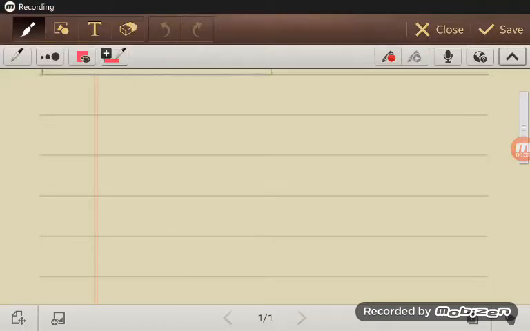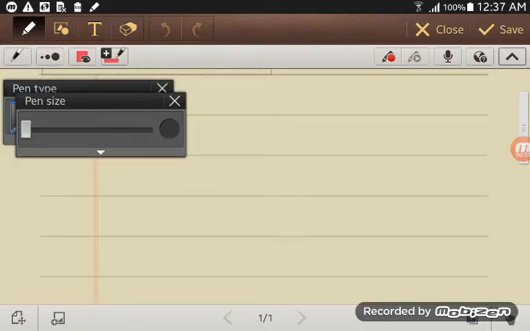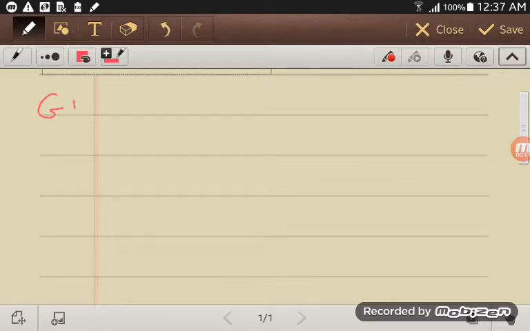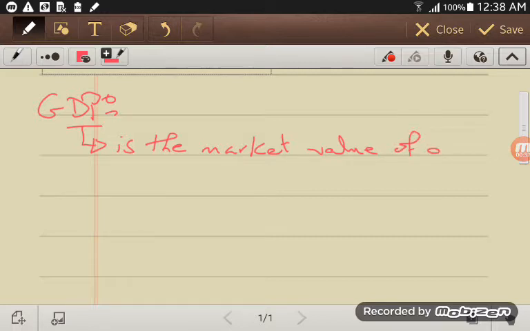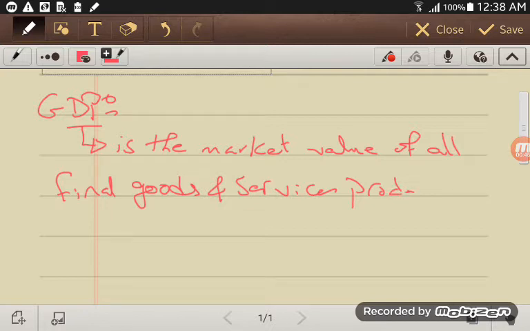Good morning. Last time we talked about what's GDP, and as we said, GDP is the market value of all final goods and services produced in a country during a specific period of time.